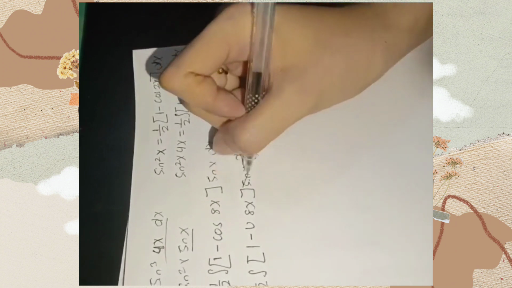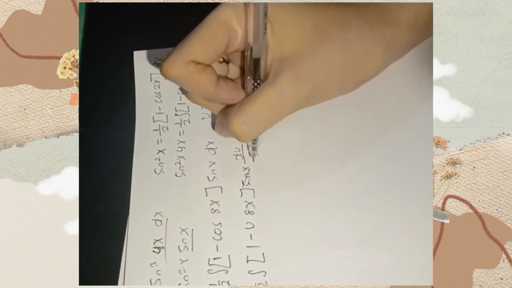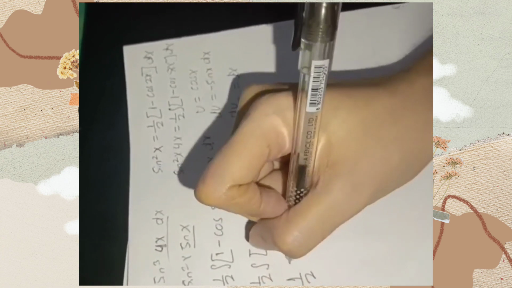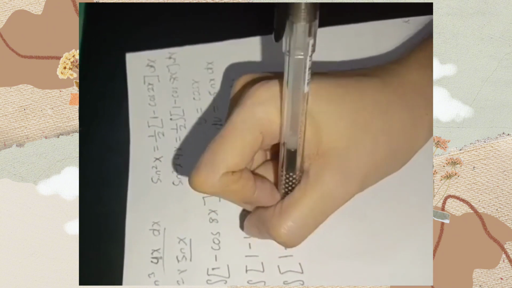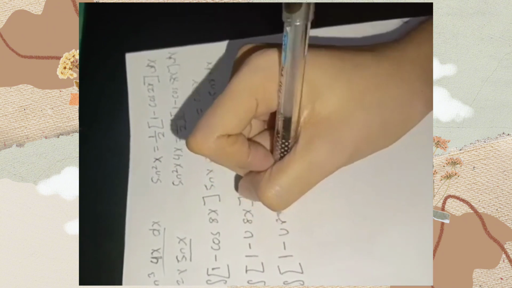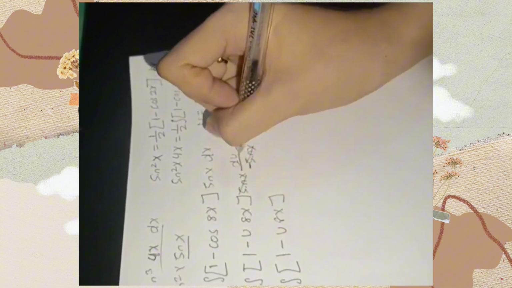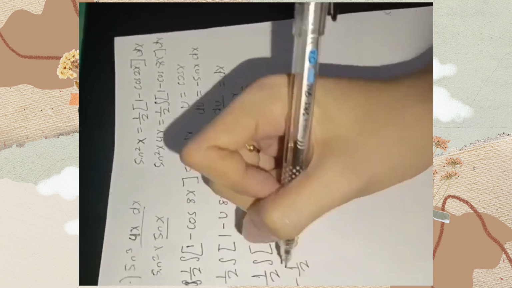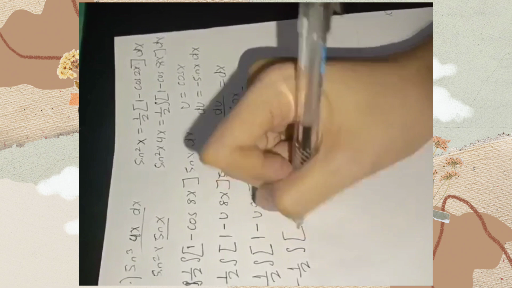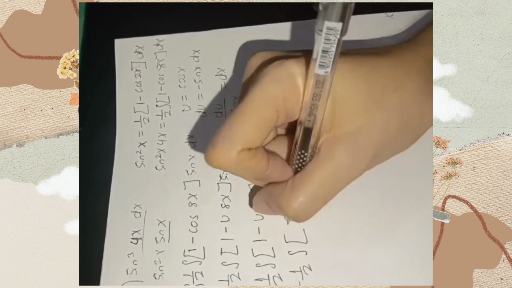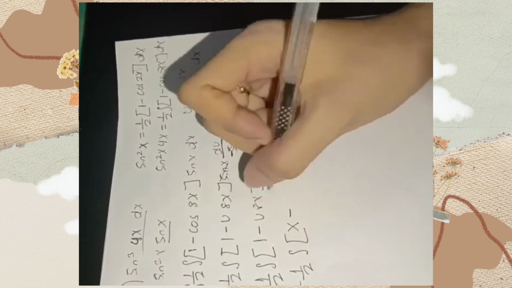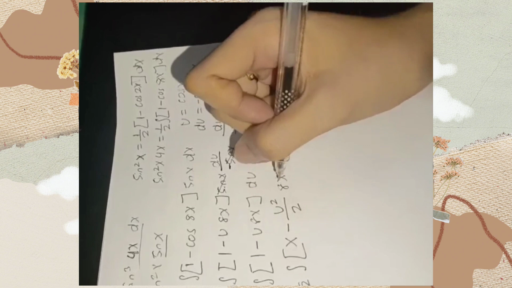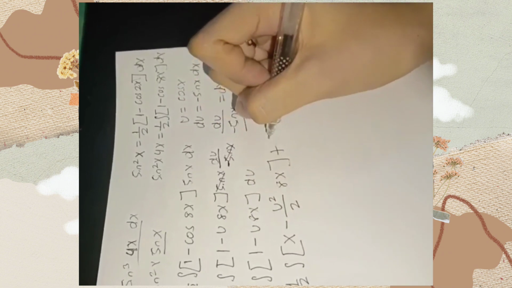So cancel sine x and put the negative sign in front. It will become negative 1/2 the integral of 1 minus u to the 8x du, which is equal to negative 1/2 times x minus u squared all over 2 to the 8x plus c.